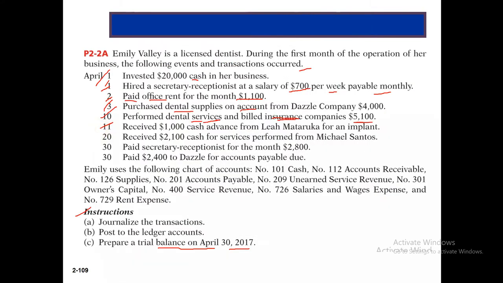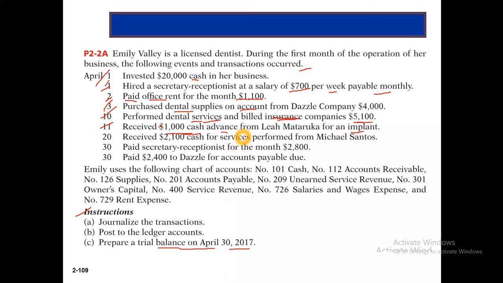Next, April 11, received $1,000 cash advance from Leh Mataruka for an implant. So for the implant, we'll do this implant later, but today, that means April 11, we are getting cash, $1,000 advance. So cash debit must and revenue credit, but not revenue.